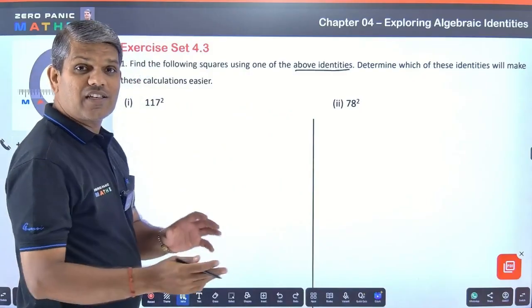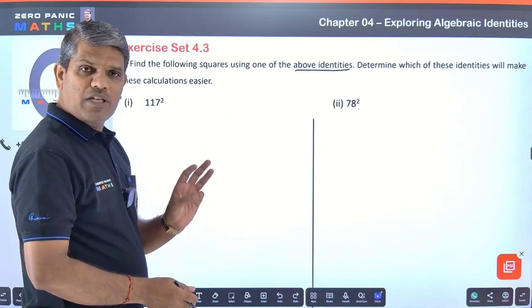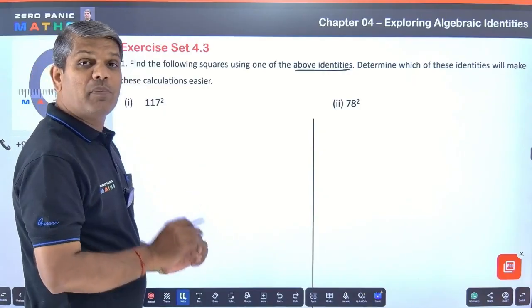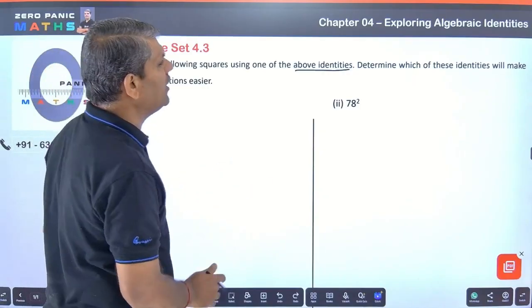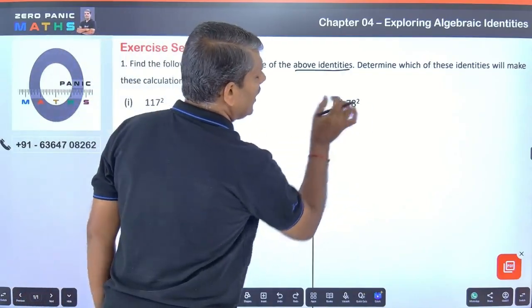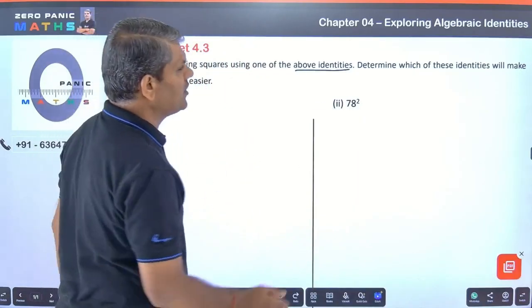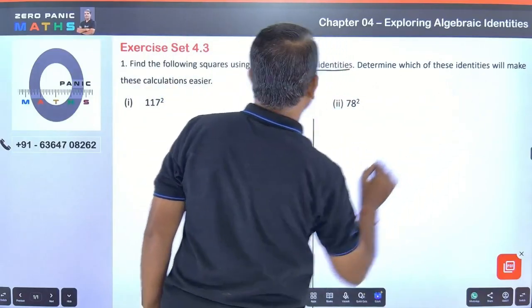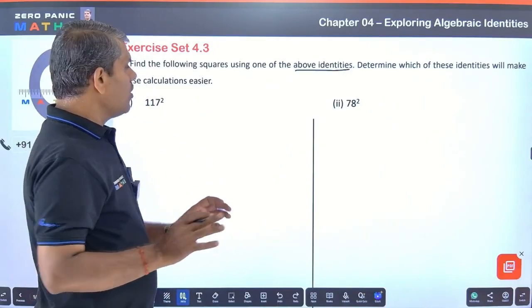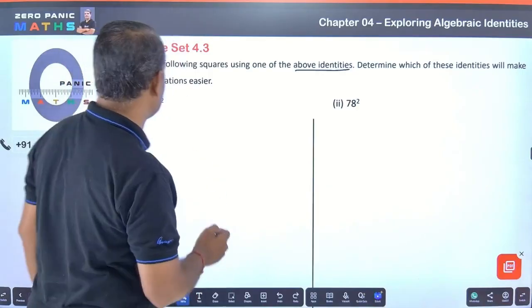Above identities are those that we have studied till now, including (a plus b) whole square, (a minus b) whole square, and the just studied (a plus b plus c) whole square. Using those three identities, we need to calculate these arithmetic calculations, making it easier by using the identities. Determine which of the identities will make these calculations easier. Among the three identities, whichever identity makes our job easy, we will make use of that identity here in the calculations.